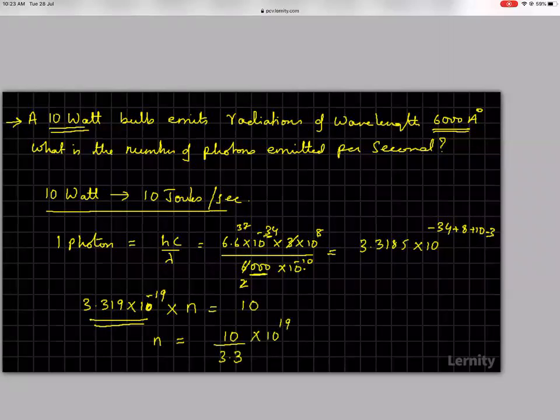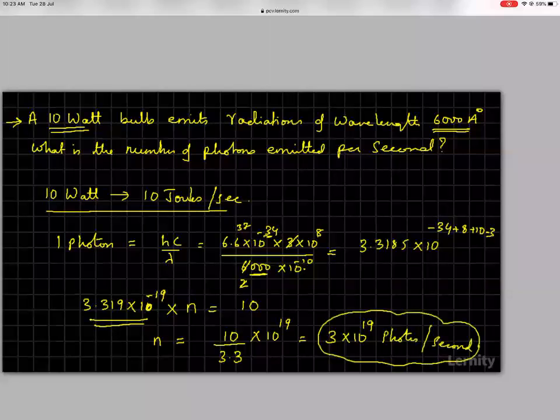So that will be 3 into 10 power 19 photons are released per second. Okay, this is the third question.